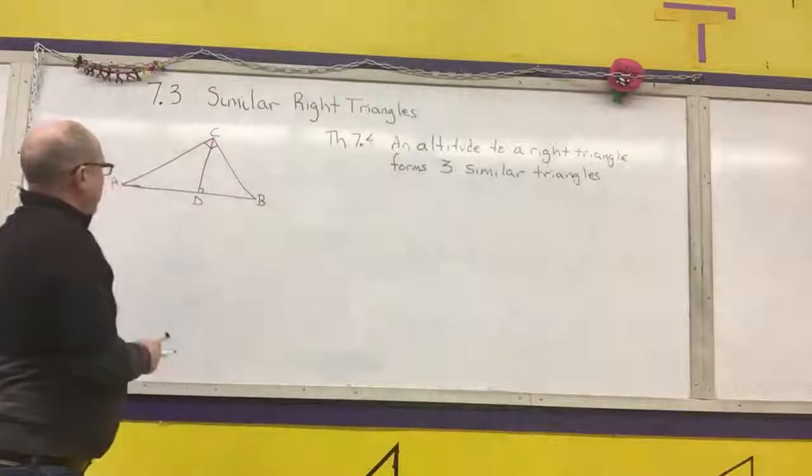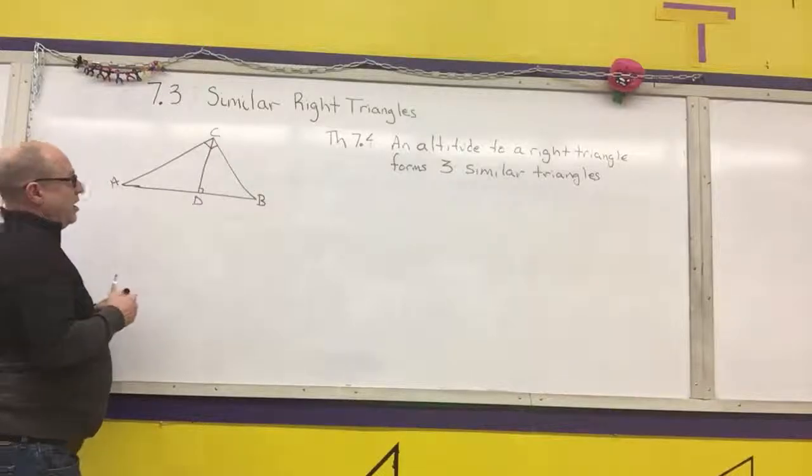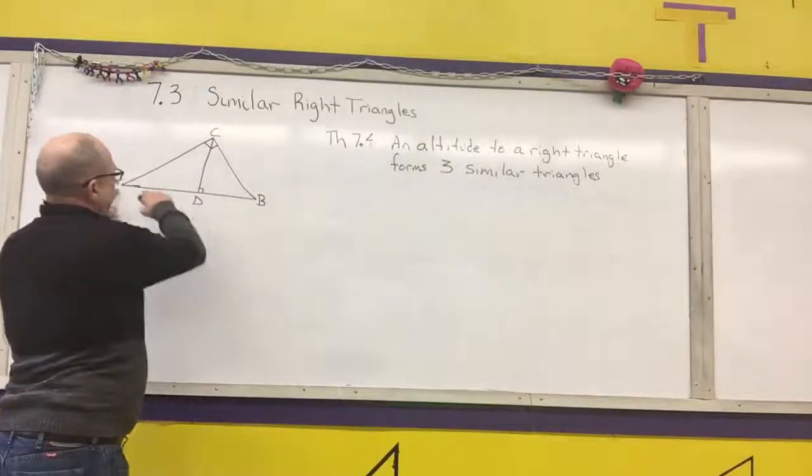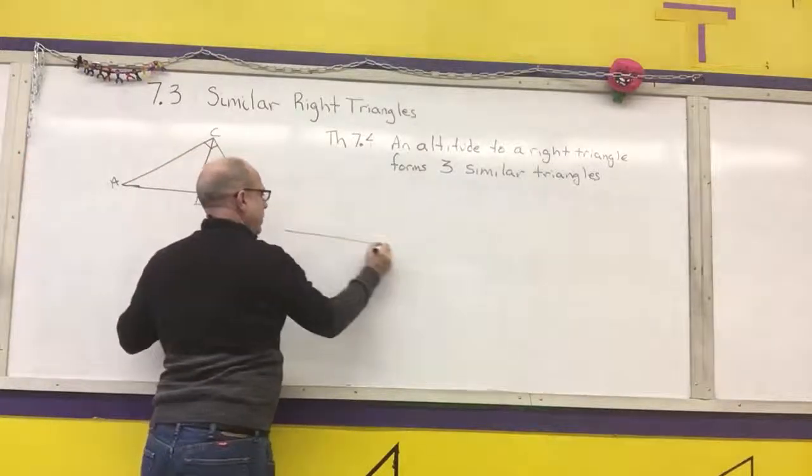What I'm going to do is draw the three triangles I get in the same orientation, and I'm going to draw them all like the ACB triangle is.